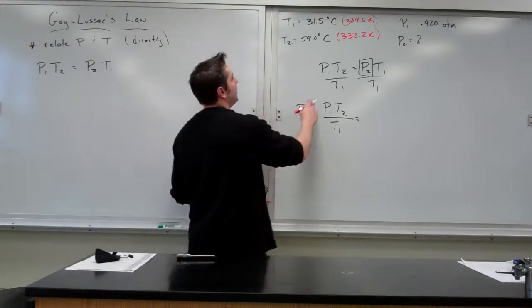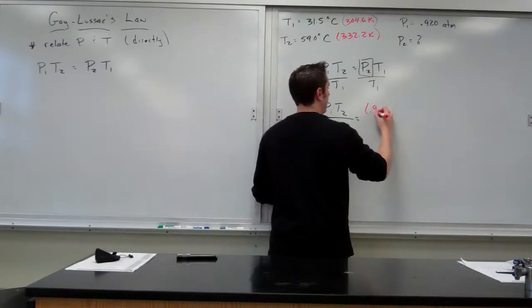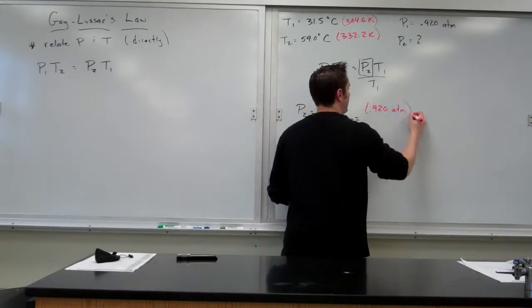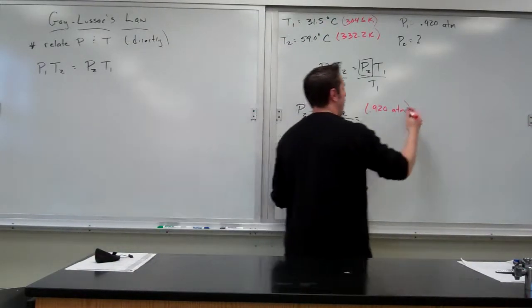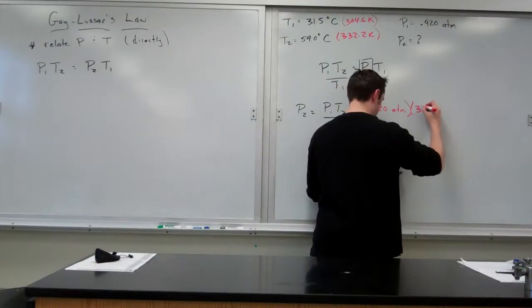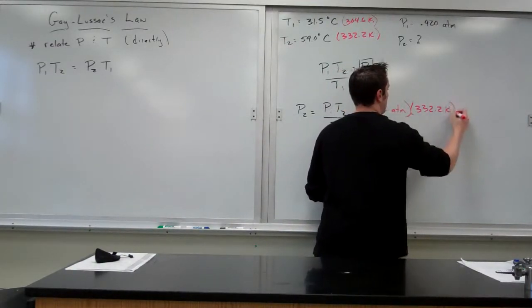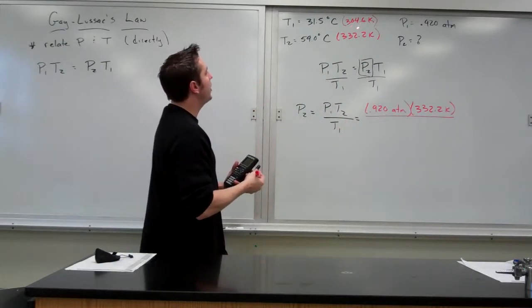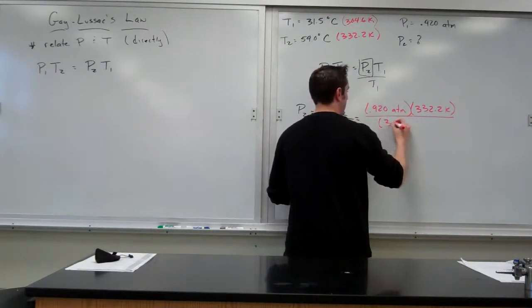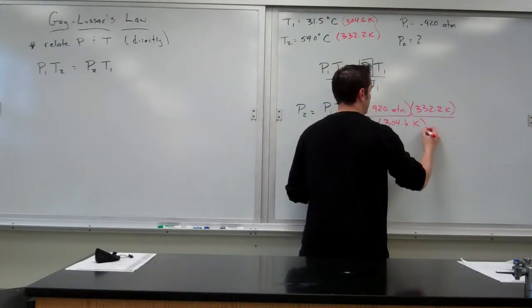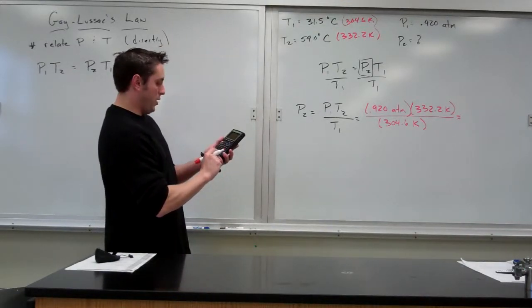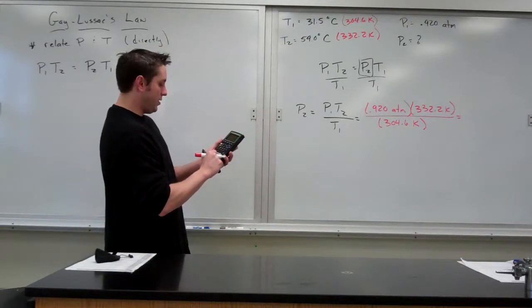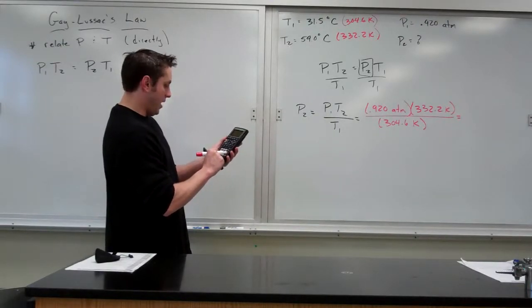Now I can plug in P1, 0.920 atm. T2, 332.2 K. T1, 304.6 K. Plug these into my calc, 0.920 times 332.2 divided by 304.6.